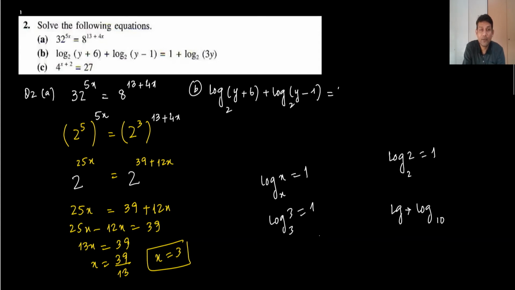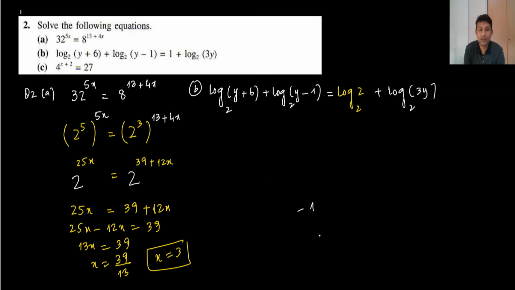I am writing with a different color, so that is the second step. Log base 2 of 2 is equal to 1, and I have to copy the other part. So I have done the second step directly here. This is very important. The first rule is that when the base and the number are the same, this equals 1. That's why lg 10 is always equal to 1, because this is base 10 and this is 10.